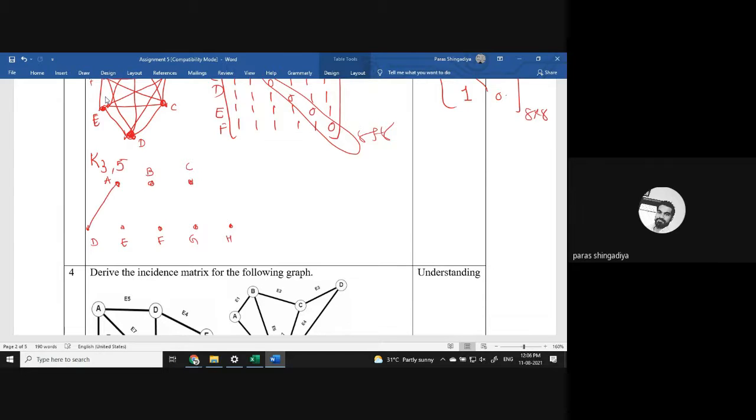So A will connect with D, E, F, G, and H. Do it for B also: B should be connected with D, E, F, G, and H. And now for C, C should be connected with D, E, F, G, and H. Clear? That is the graph of K35.